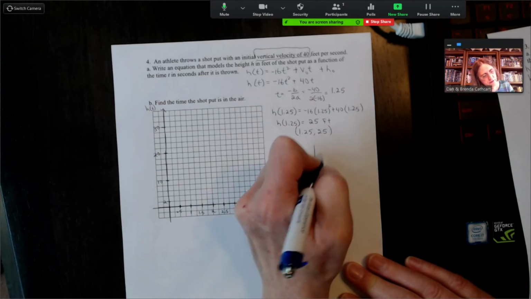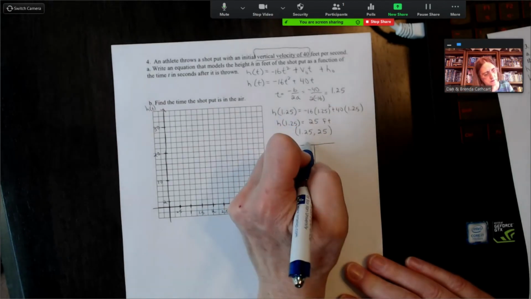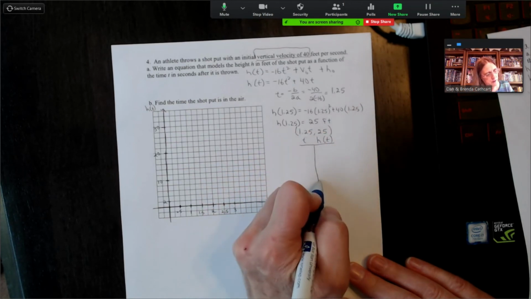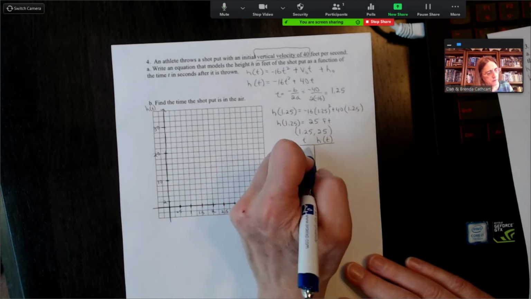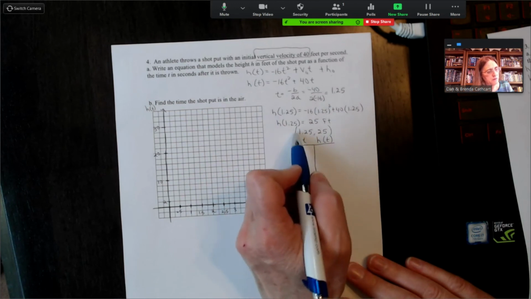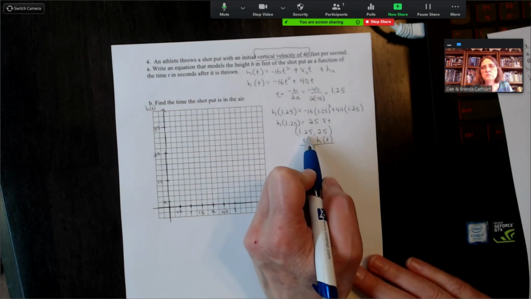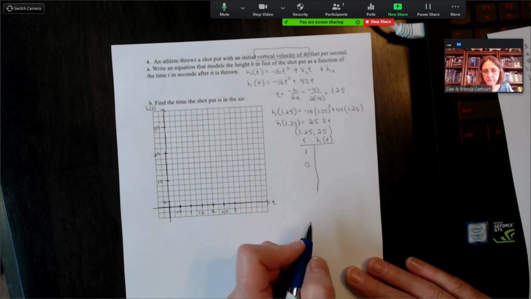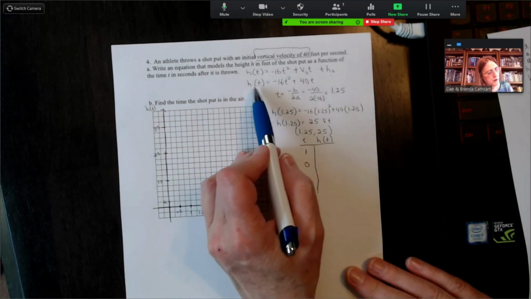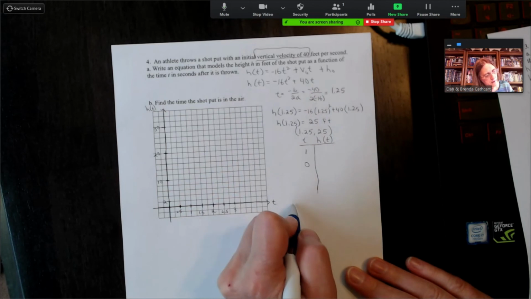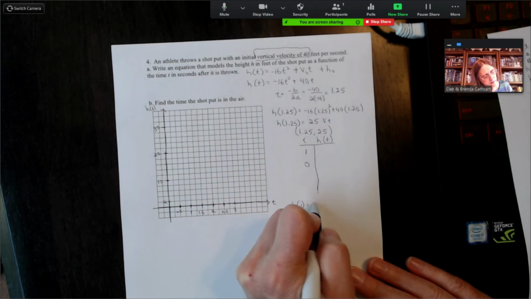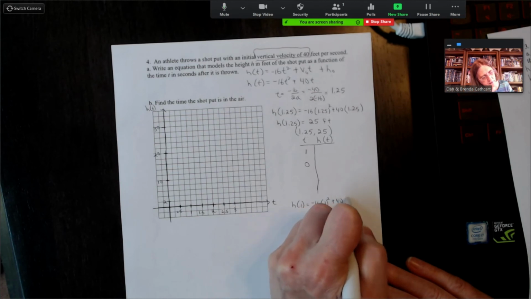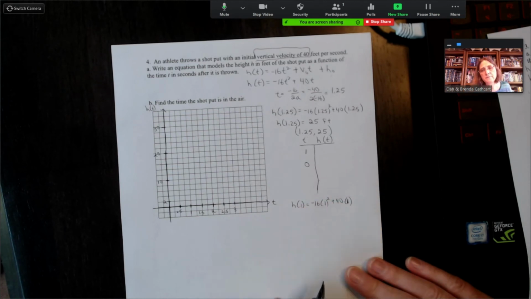Okay, now let's choose a couple of other points for time and h of time, our height at those times. Let's choose something to one side or the other. Let's choose 2 points smaller than that. Let's choose 1 and 0. Substituting 1 into our equation, we have h of 1 equals negative 16 times 1 squared plus 40 times 1.